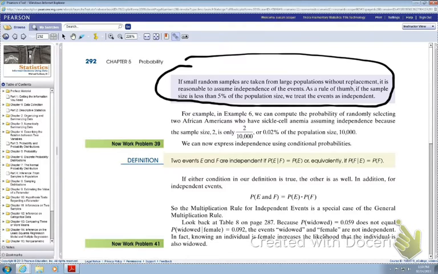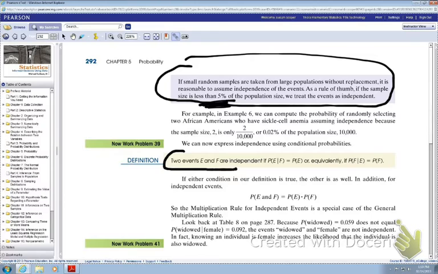That basically means, if I use the multiplication rule for independent events, probability of A times the probability of B, I'm not going to get something drastically different than if I took the probability of A times the probability of B, given that A has already occurred. So it says as a rule of thumb, if the sample is less than 5% of the population size, we treat the events as independent. Okay? And we'll delve deeply into that in a moment.